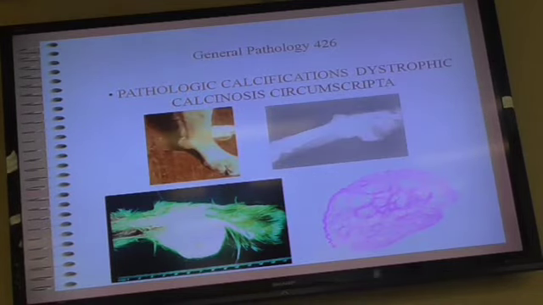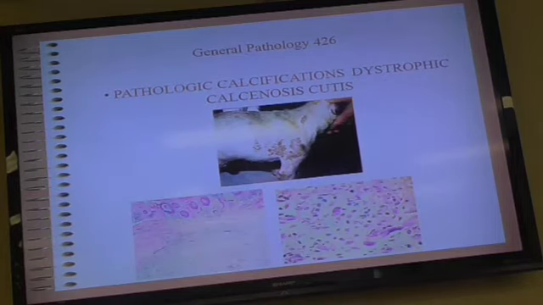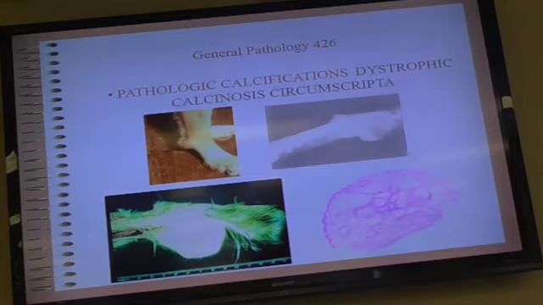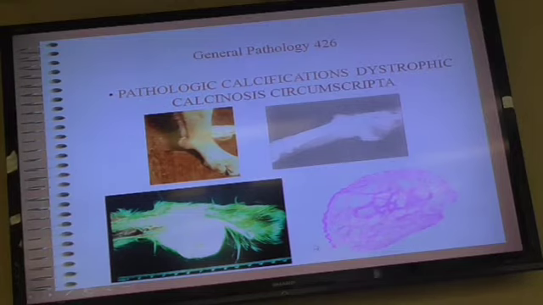And this is a similar kind of situation, but this is called circumscripted. Why do you think they call it that? Look at this, and go back and look at that. Why do you think they call this one circumscripted? It's contained, because it's a very localized area. It's also an area of damage, and it's got mineral in it too.